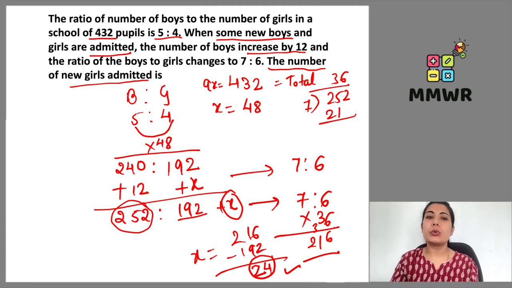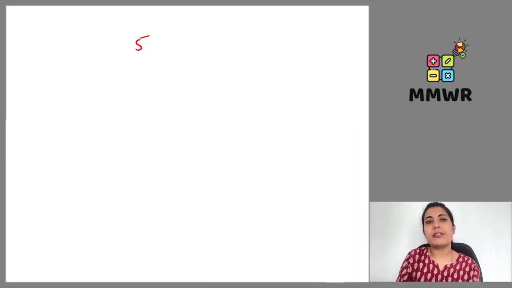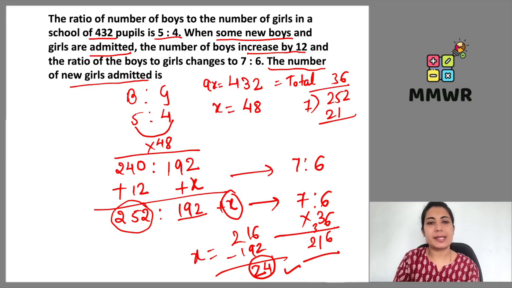If we want to do this question by the basic method, how will we do it? First of all, 5 to 4, and the total number of students is 9x, which equals 432. From here we get the value for x, which is 48. 48 will be multiplied here. Till here, everything will be the same.